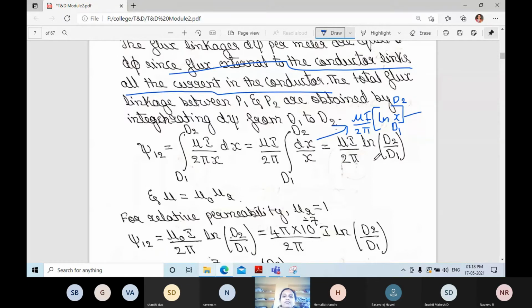That can be written as ln d2 divided by d1.